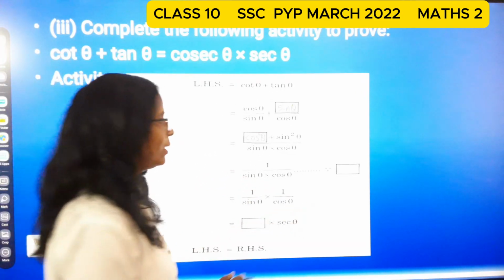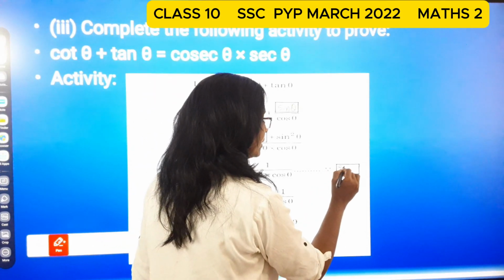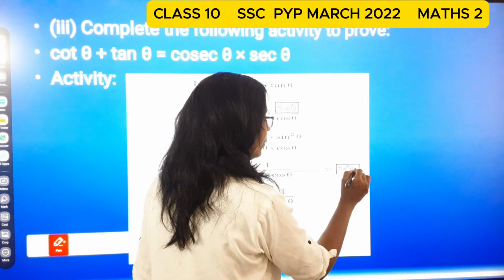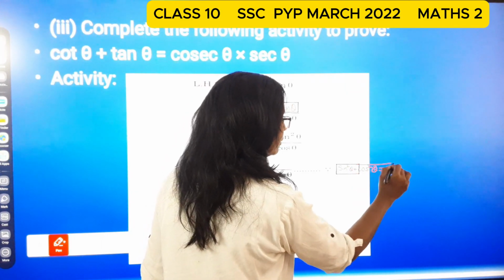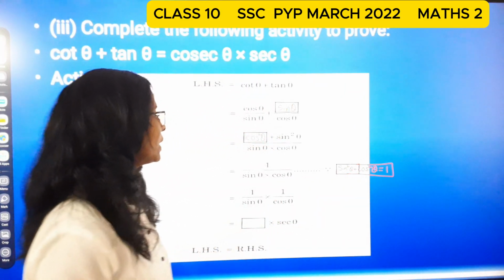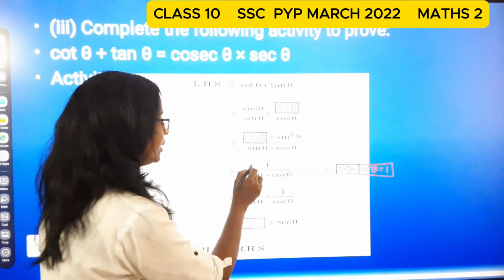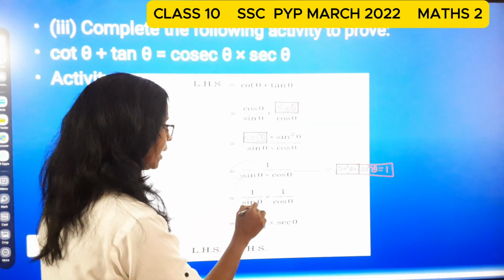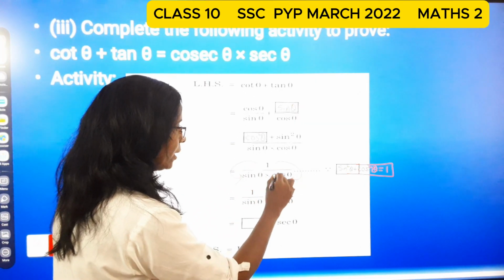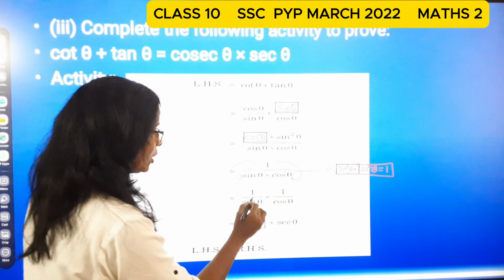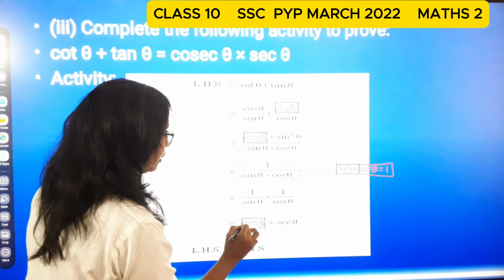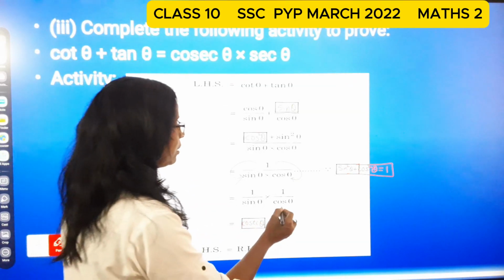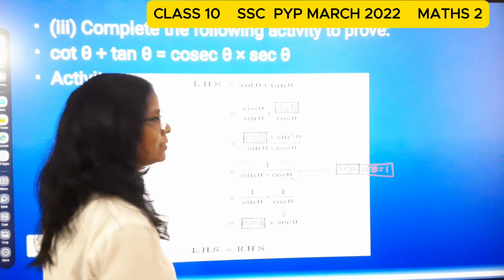So here reason is that sin square theta plus cos square theta is equal to 1. Then here 1 upon sin theta multiply 1 upon cos theta. 1 upon sin theta means the cosec theta, and 1 upon cos theta means the sec theta.